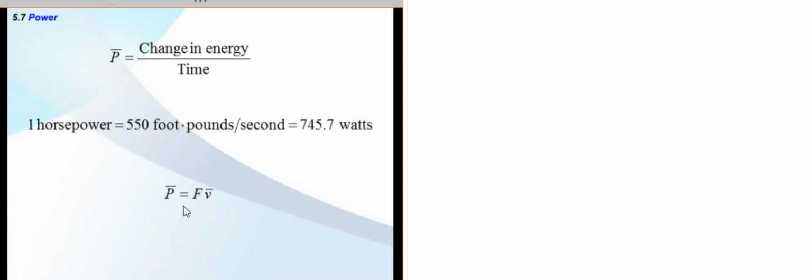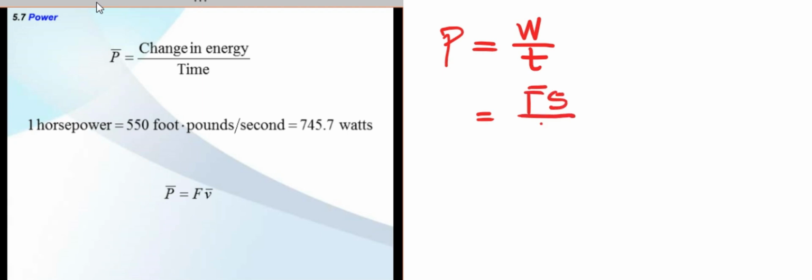Now, power also can be equal to force times velocity. How did this happen? If power is work over time, but we know that work is force times the displacement, all over time.